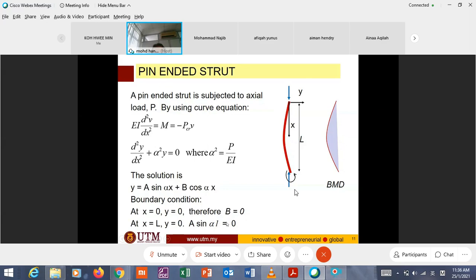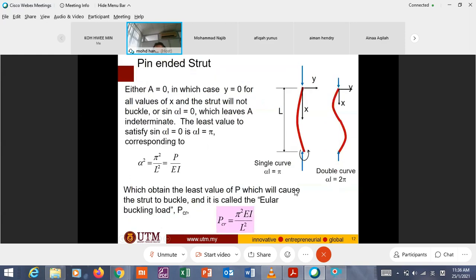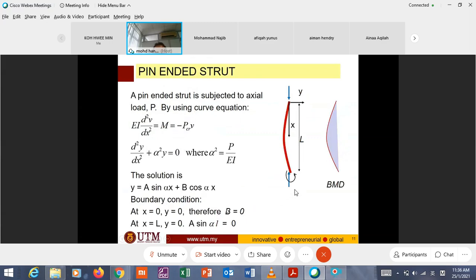When A sine alpha x equals 0, does it mean that A equals 0? No. If we have A x equal to 0, then A equals 0. But with A sine alpha x equal to 0, A might not be equal to 0. Therefore, either A equals 0, in which case y equals 0, or the strut will not buckle, or sine alpha x equals 0.